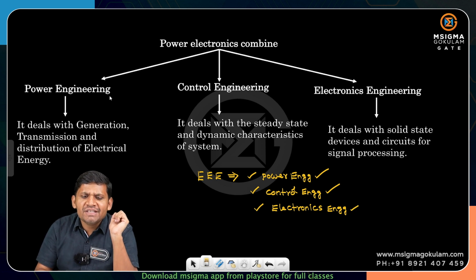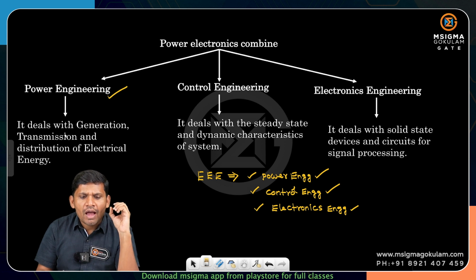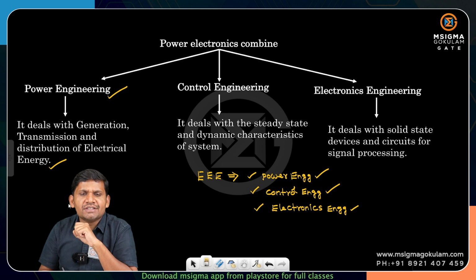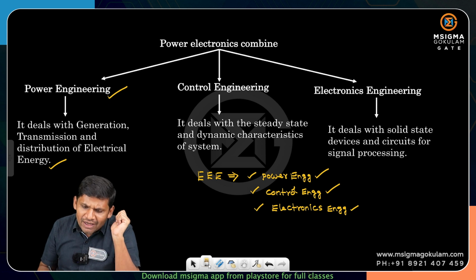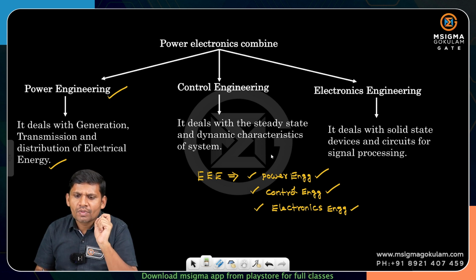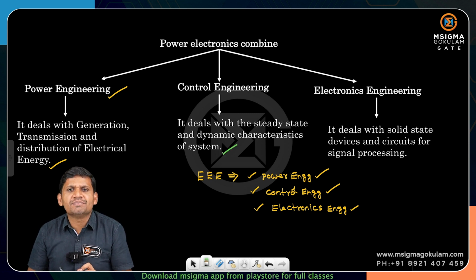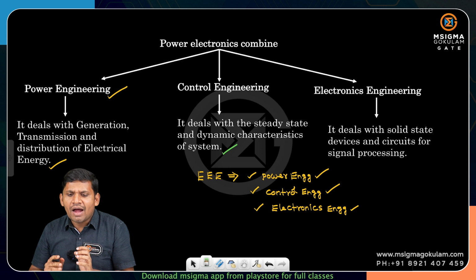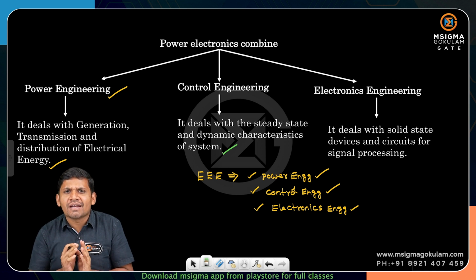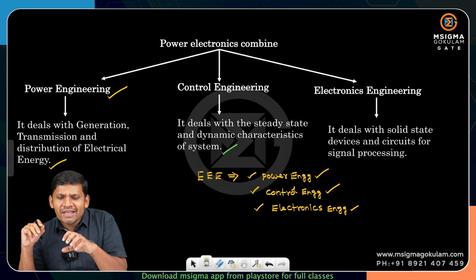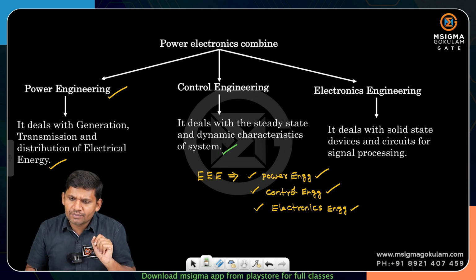Then what does power engineering deal with? It deals with generation, transmission and distribution of electrical energy. What does control engineering deal with? It deals with the steady state and dynamic characteristics of a system. That is, under steady state and dynamic conditions, what the response of the system is, that is explained by control engineering.